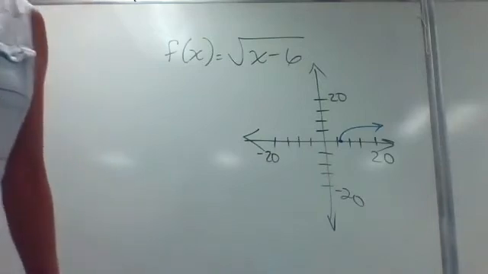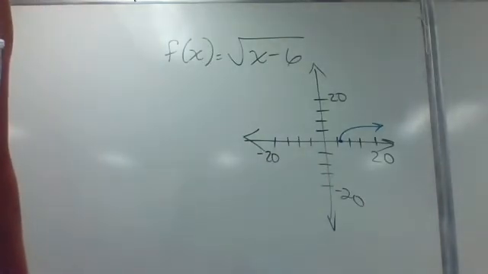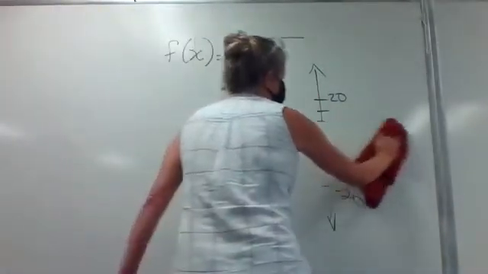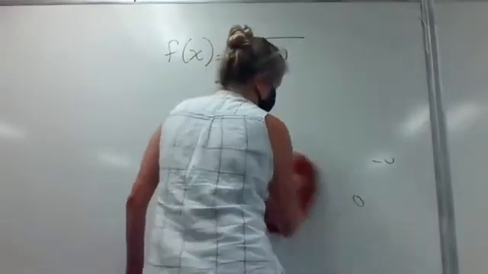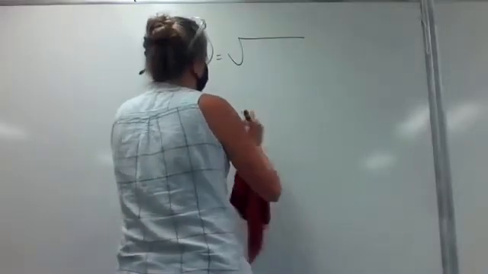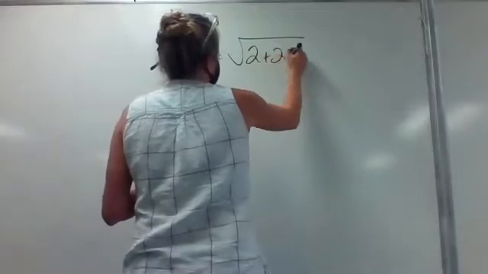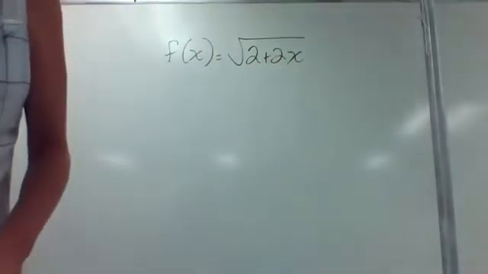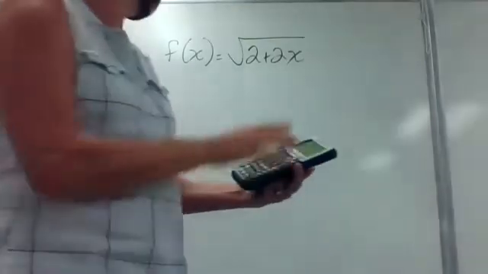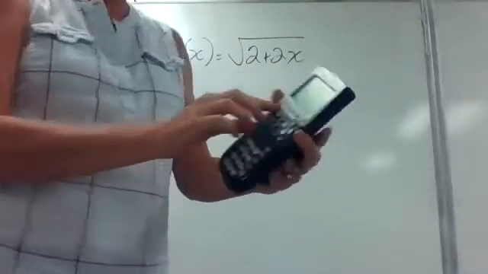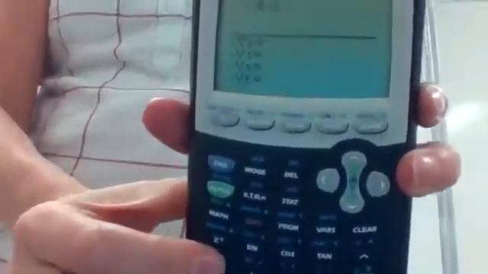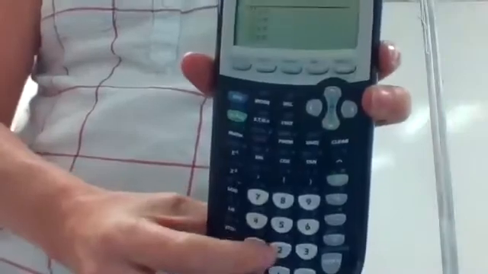Number 6, f of x equals the square root of 2 plus 2x. I'm going to graph that. I'm going to plot points here. I'm going to go to y equals, clear it, type in second square root 2 plus 2x.